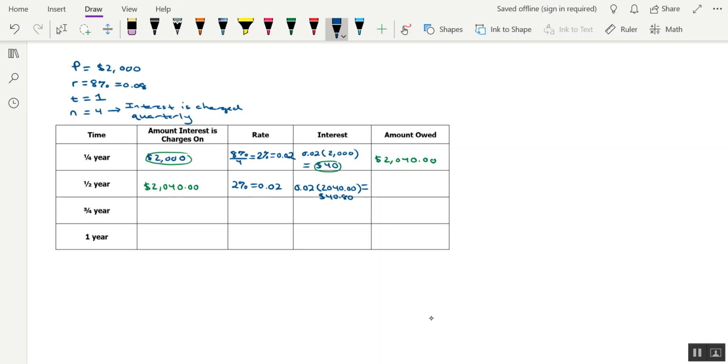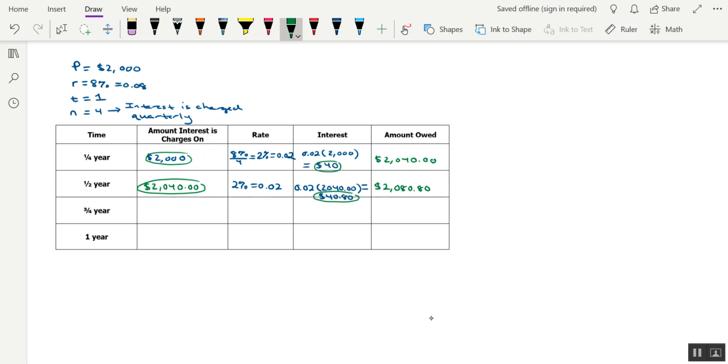So at the end of a half year, or after the second quarter has gone by, we now currently owe $2,040 plus $40.80, giving us a grand total after the second quarter of $2,080.80.